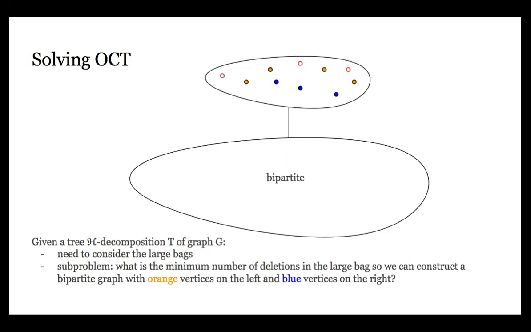And this turns out to be exactly the same problem that one comes across when solving odd cycle transversal via iterative compression. And such a subproblem is known to be polytime solvable. So this gives us a way to handle the large bags and make the problem solvable given tree H decomposition for H being the class of bipartite graphs.